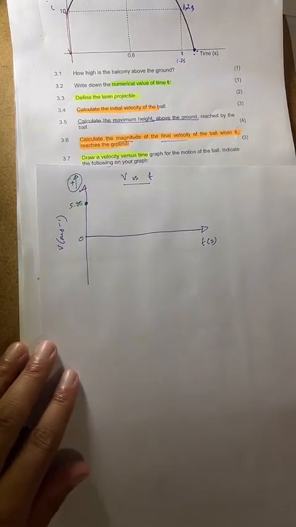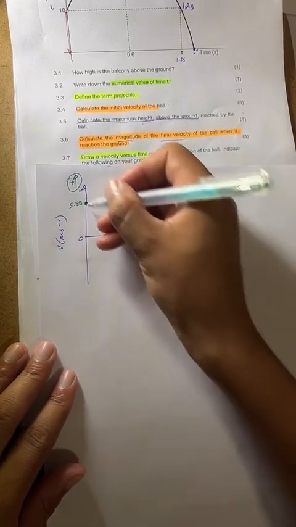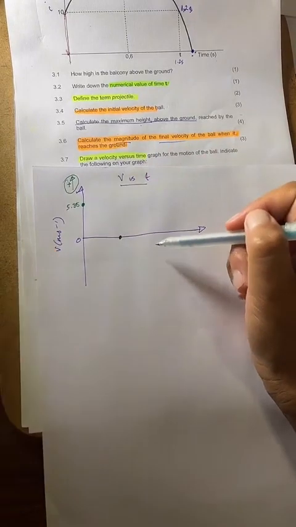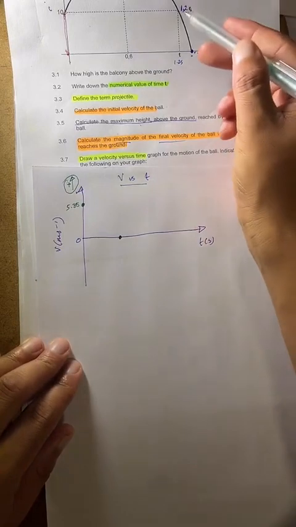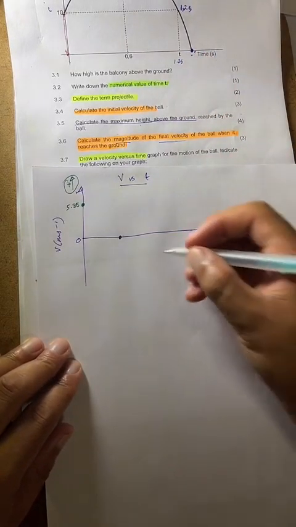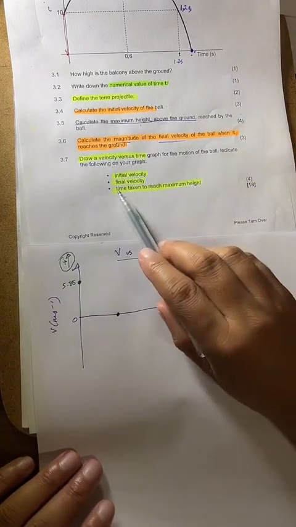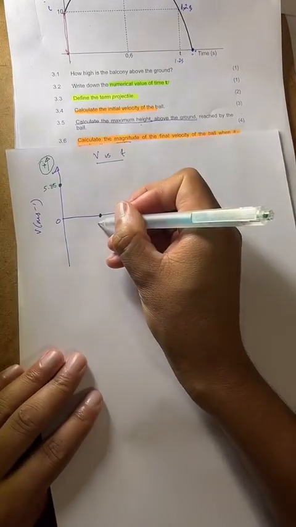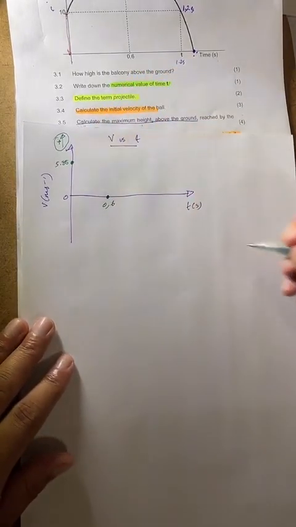So x value is 0.6, velocity is 0. Now, at some point, the velocity is negative 5.88 and the time is 1.22 there, but we are not interested in that. We're interested in the final part because that's what the examiner wants to see. He wants to see the initial velocity, final velocity, and the time taken to reach maximum height. So this is 0.6.